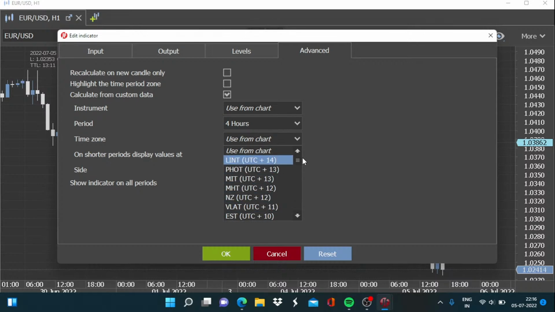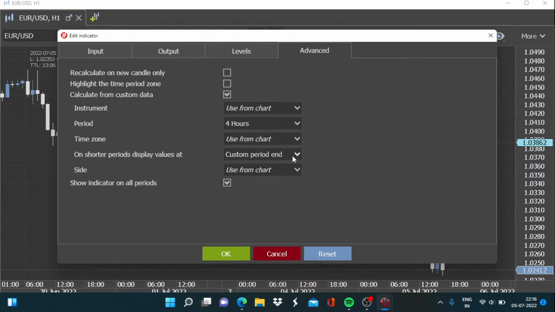On shorter period, display values at custom period end, or you can say whenever the candle period ends. Each candle, the custom period middle, or the custom period start or end. So all these options are there. All you have to do is take the option which suits your purpose the best and go for it.